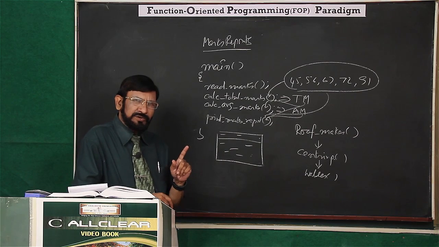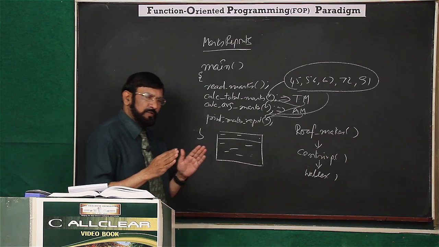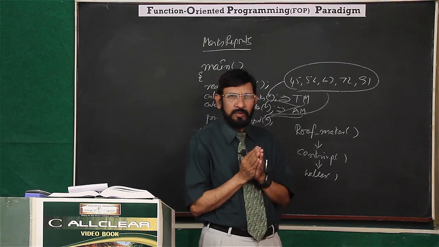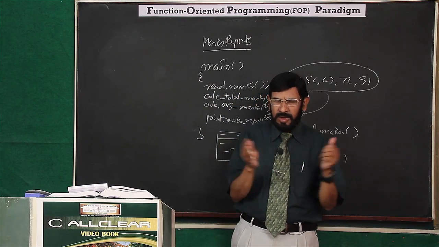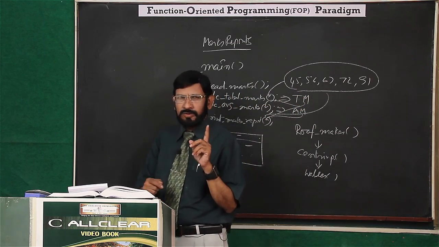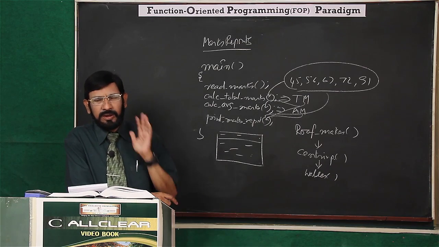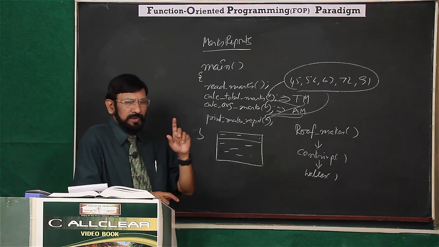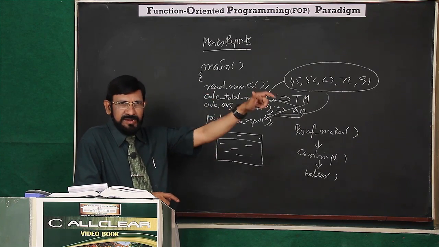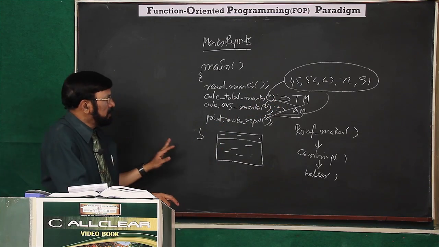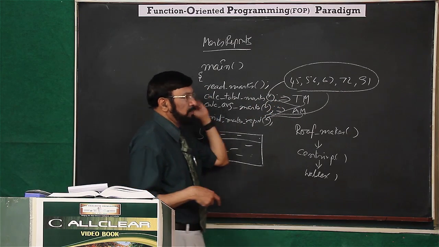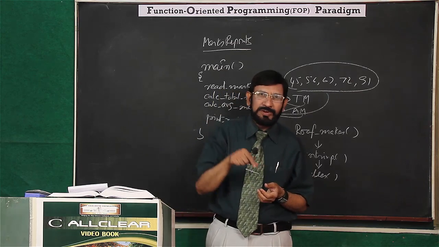One point you have to understand: top-down modular approach and function-oriented programming look closer. These are complementary jobs, but both are not the same. Top-down modular approach we adopt in the designing phase, and function-oriented programming we adopt in the implementation phase.